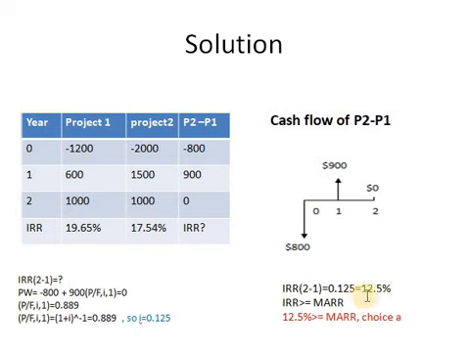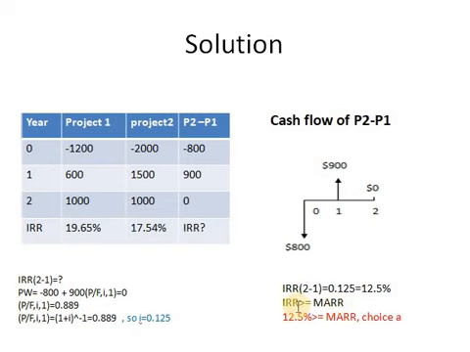So it is 12.5%. And we have learned that if the IRR of P2 minus P1 was greater than or equal to the MAR, then P2 is better. And I'm saying that P2 is better. I'm preferring P2 over P1. So I'm just going to put the equation here. IRR of 2 minus 1, which is the 12.5%, is greater than or equal to the MAR. Because I know that if 2 minus 1 is better, 2 is better than 1, then IRR of 2 minus 1 has to be greater than the MAR.